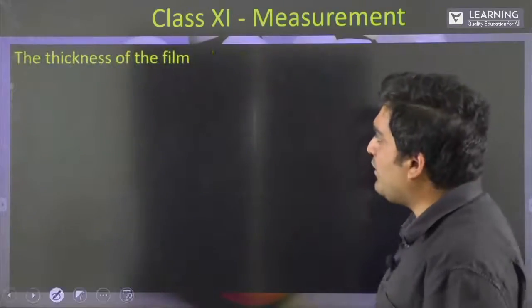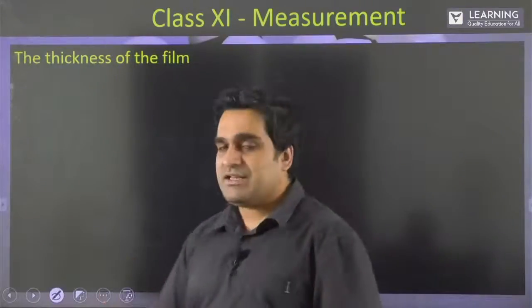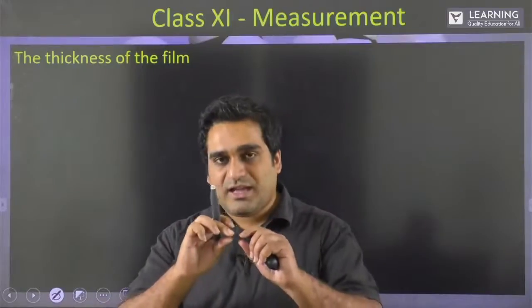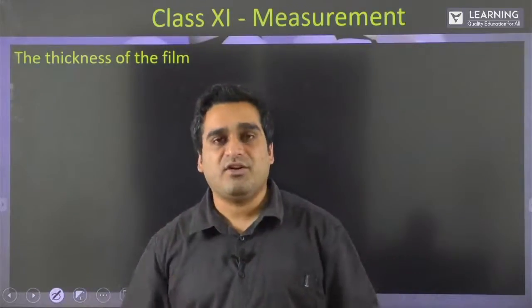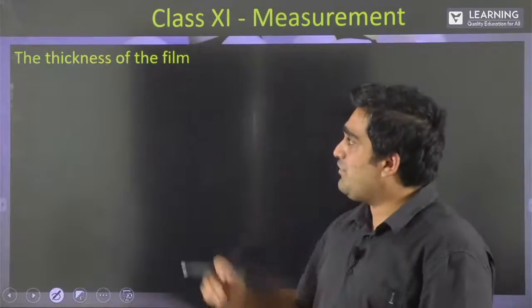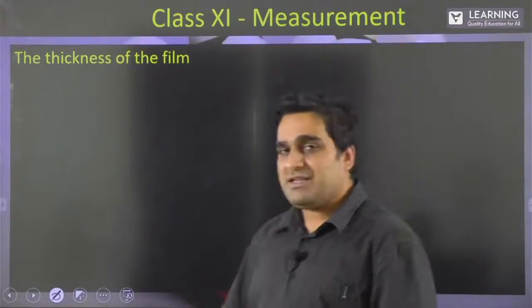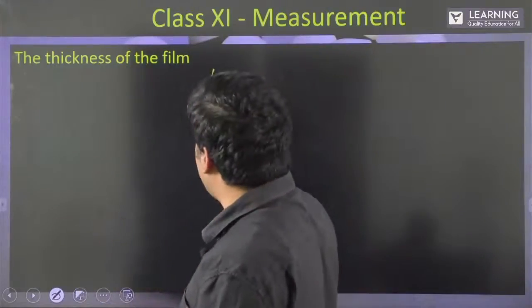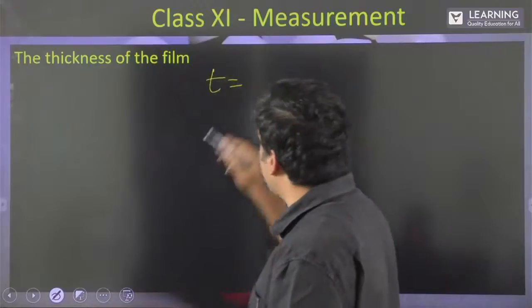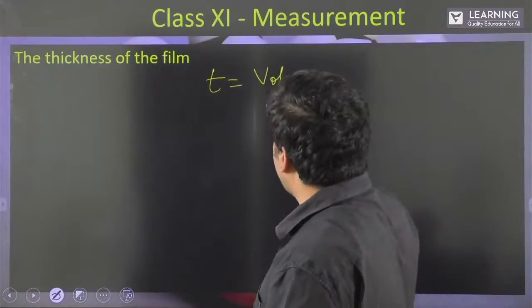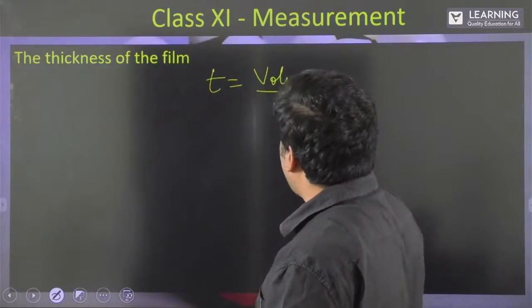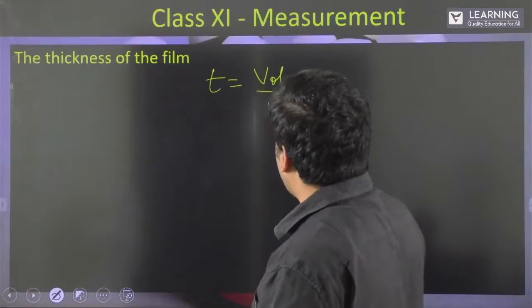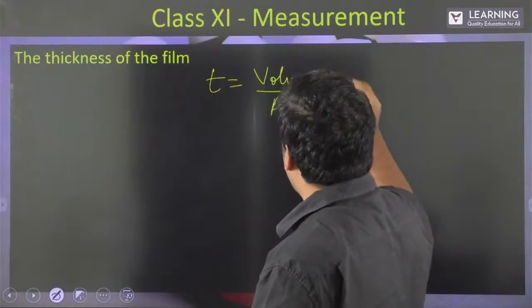Finally, to determine the thickness of the film, now that the oleic acid is spread out evenly on a surface, we need to find the thickness of the film. Thickness of the film, let's say T, is equal to volume divided by the area of oleic acid.